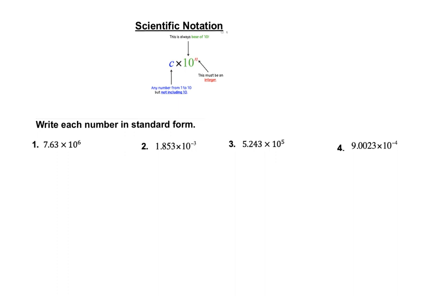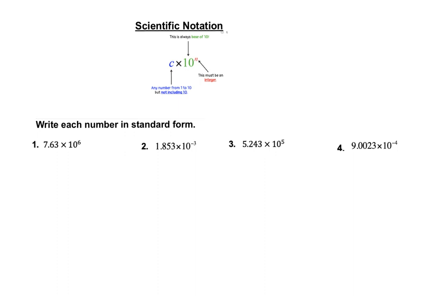So when we write something in standard form, we need to look at if we have a positive or a negative exponent. If we have a positive exponent, we're going to be multiplying by 10 and moving the decimal each place to the right. When we have a negative exponent, we're going to be dividing each number by 10 and moving the decimal place to the left.